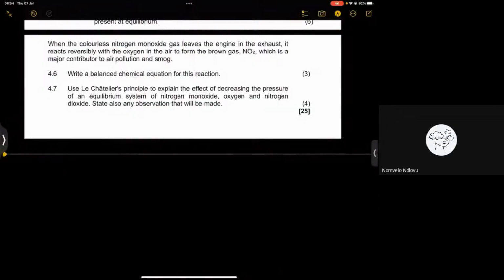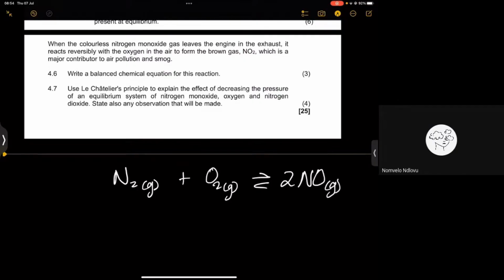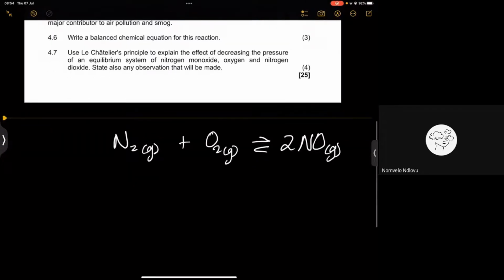Okay, so we have nitrogen, which is a gas, plus oxygen, gas, which would give us 2NO, which is a gas.